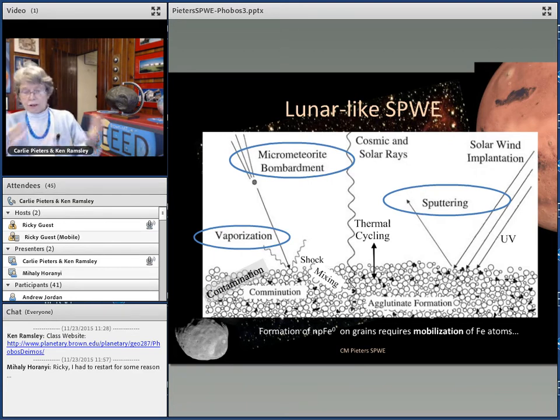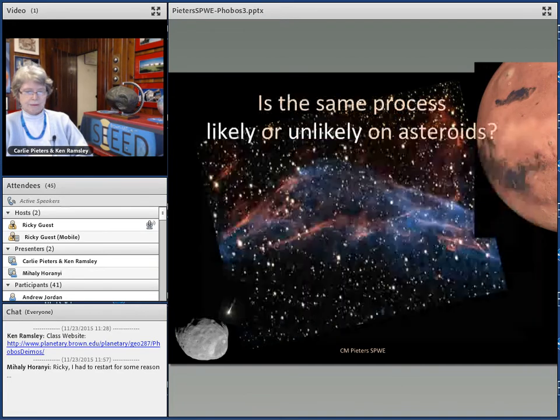And the longer you do this, and the more iron you have in the surface, the more it accumulates, and you can see the progression of space weathering on the lunar samples and materials.